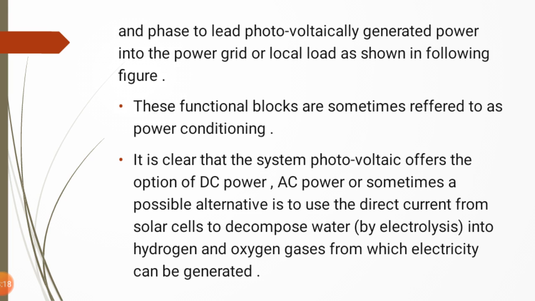The photovoltaic array generates DC power, and after that there is a conversion of DC to AC with the help of an inverter. But the alternative use is the direct current from the solar cells to decompose water. We can take the DC output directly from the solar array and use it to decompose water, which is the electrolysis process, a separation of ions.